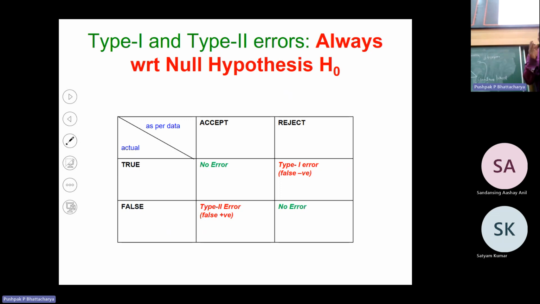If the hypothesis is actually true, but we reject as per the data, then we are making type 1 error. The second quadrant. If the hypothesis is false and we are accepting it, the fourth quadrant, then we are committing what is called the type 2 error. And the third quadrant also; all the diagonal quadrants are no error quadrants.